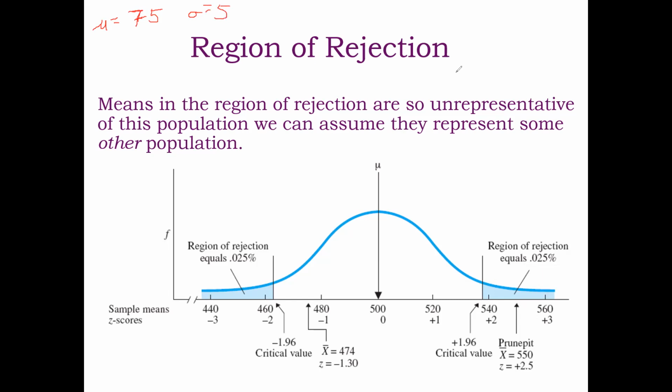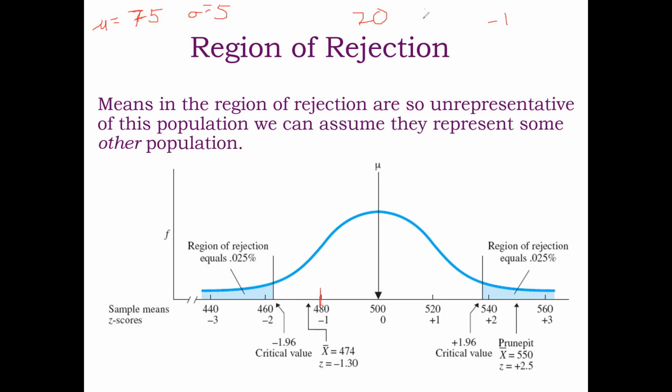Say you get a 70. That's below average, but maybe it's just sampling error. So I change this into a z-score: 70 minus 75 divided by 5 is -1. Getting a z-score of -1 is actually not very unlikely. A huge proportion of the scores are around this area. So we would not reject the null hypothesis because this is a pretty normal score.